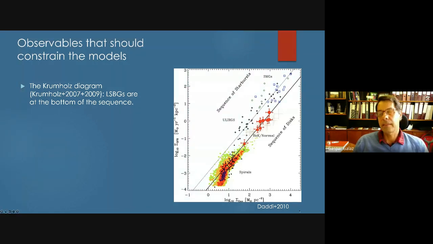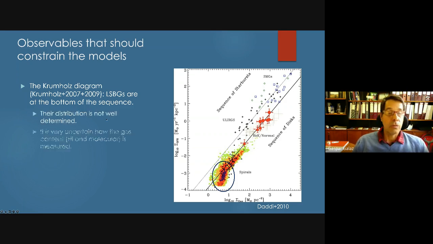This is relatively easy, but to have the molecular gas for all the galaxies is very complicated, especially when you go to the low density side, of course. So here, Malin 1 should be, nobody has measured the gas, I mean the molecular gas, but it should be at the very low left end. It's not well determined, this distribution.